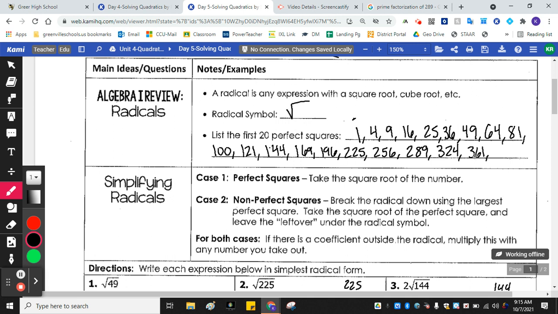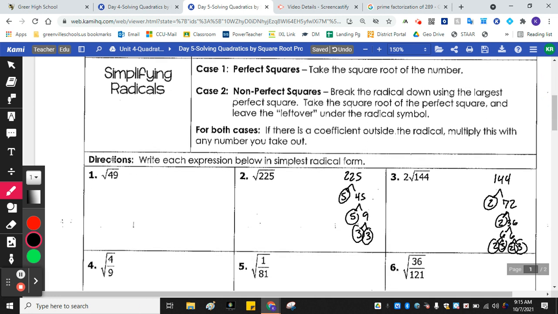And lastly, 20 squared, 400. All right. There we go. All our radicals. So you should know the square root of 49 is 7, because that's 7 times 7. Every 2, 1 comes out. Nothing left in the radical.